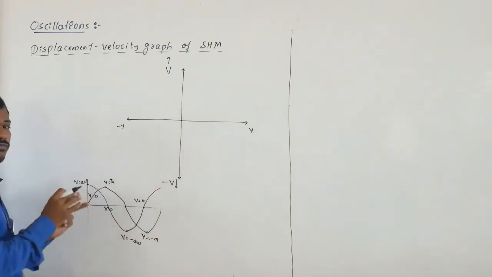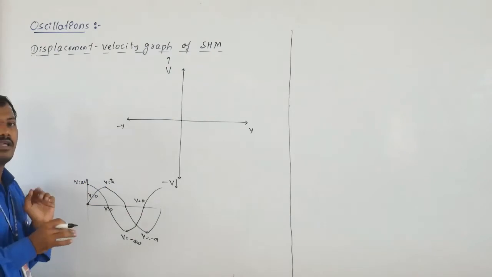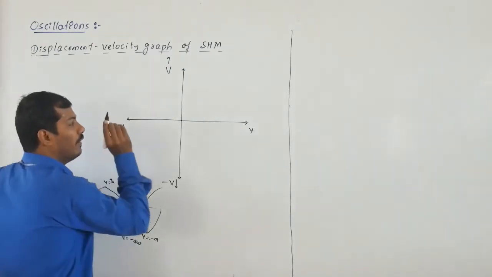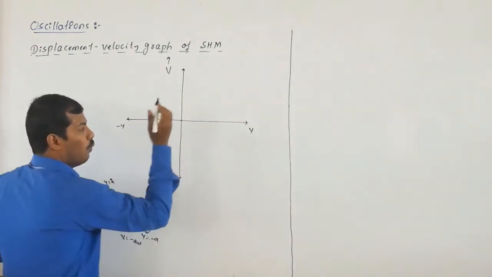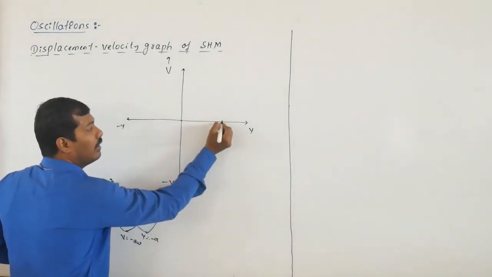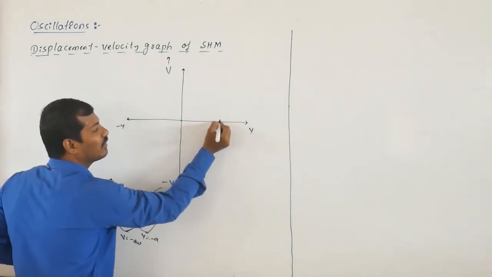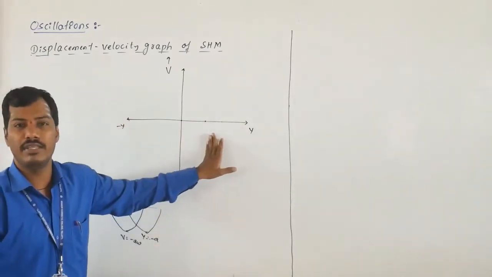These are the graphs of the displacement as well as the velocity of the particle. When we start from the mean position, the velocity is 0 along the x component, v is 0 here.